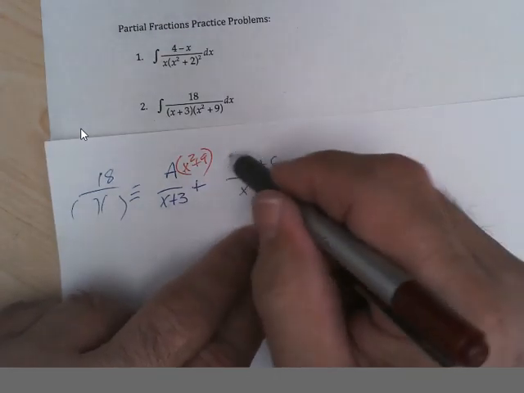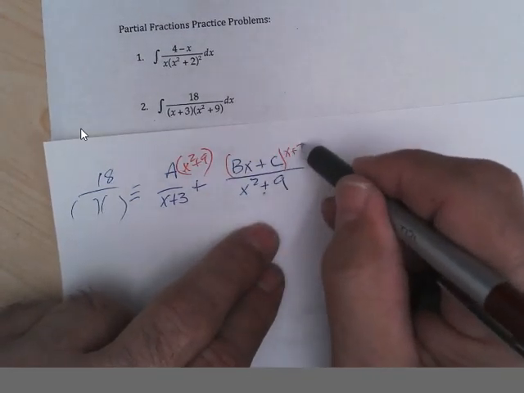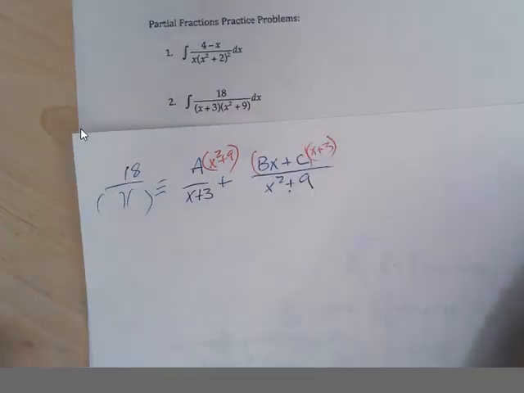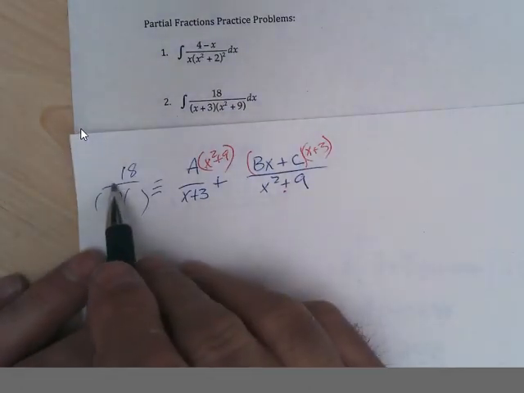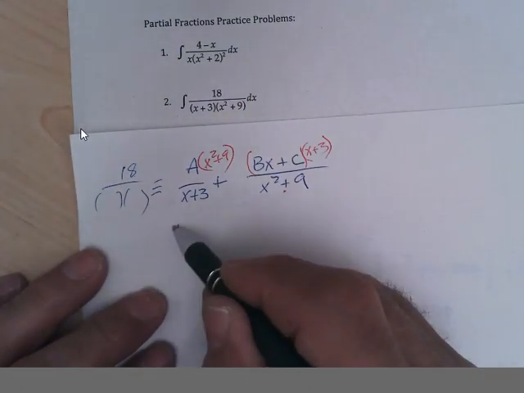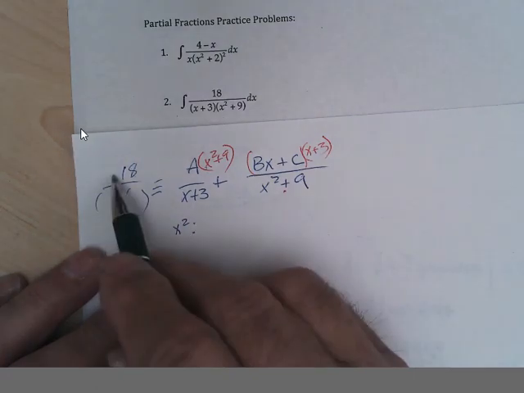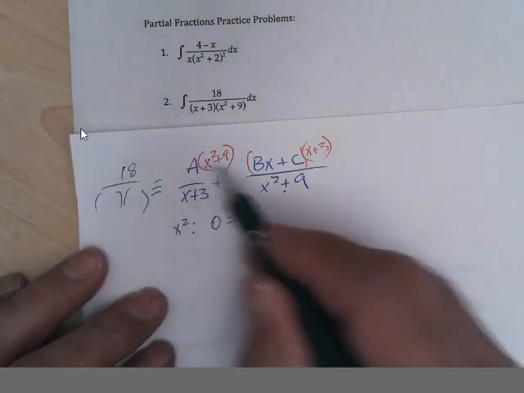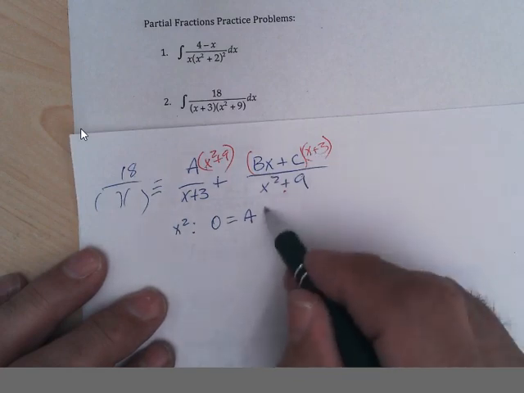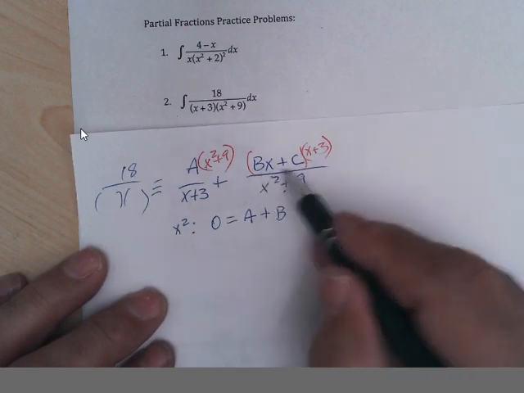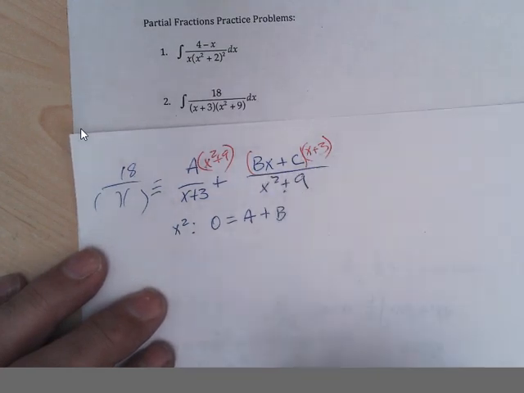And this one has to be multiplied by x plus 3. So identically equal, I have x squareds. None equals A plus B, and no others.